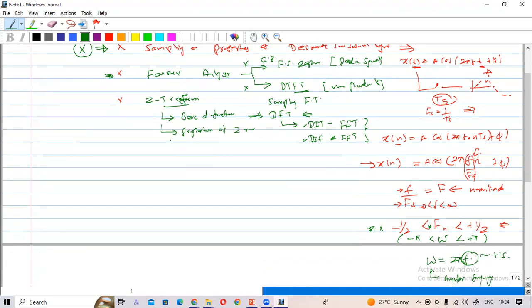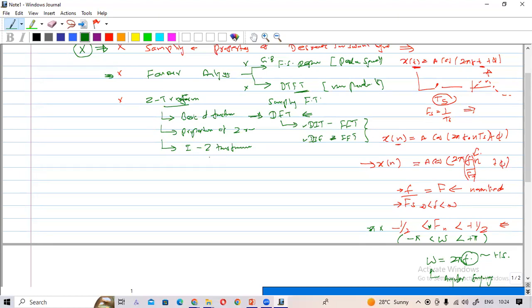Once you have completed the properties, we have discussed the inverse Z transform. The inverse Z transform is somewhat complex, because you have to do contour integration to evaluate the inverse Z transform directly. So it is not in our scope. It is a complex mathematical process, so we haven't used that direct inverse Z transform method.